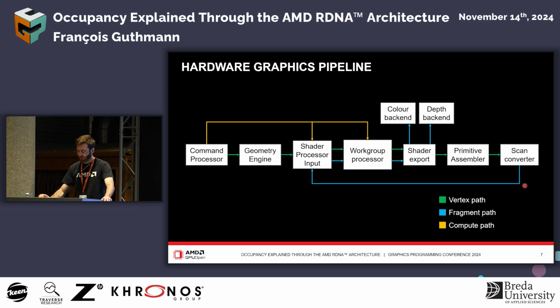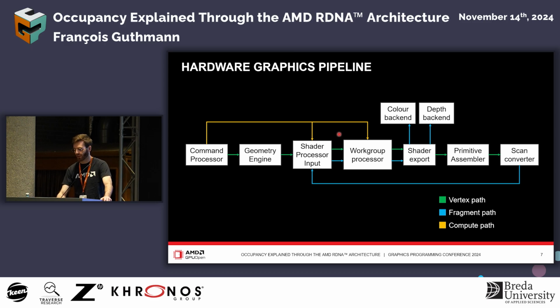The geometry engine is only used by the vertex path. But the shader processor input, which I'll probably call SPI, and the workgroup processor, which I'll call the WGP, and which is also sometimes called the dual compute unit, are used by all of the paths. Those are the two most important blocks for this talk, so that's just perfect.